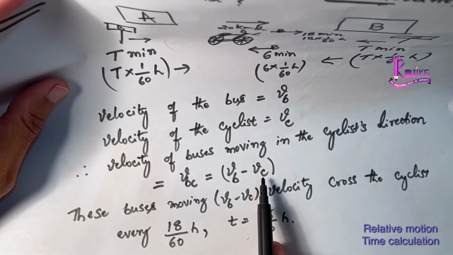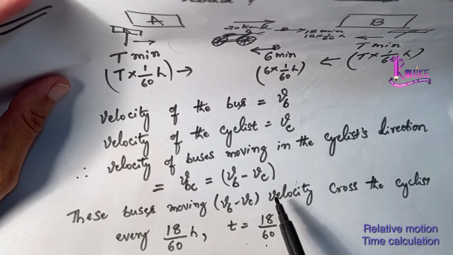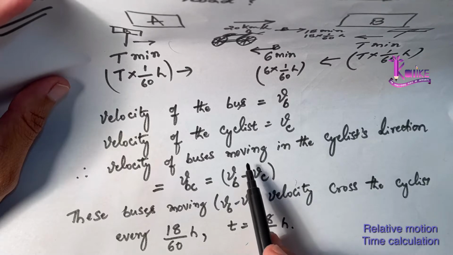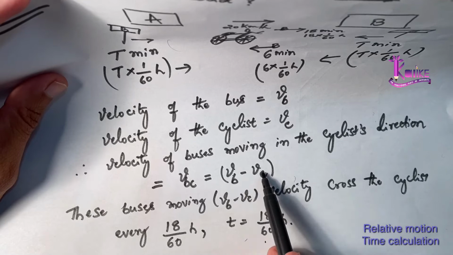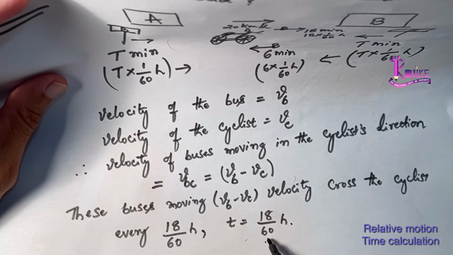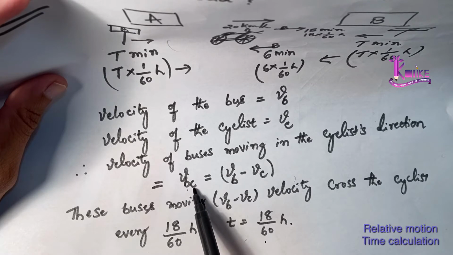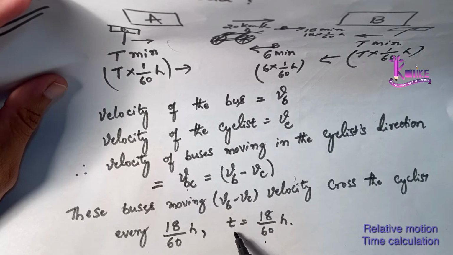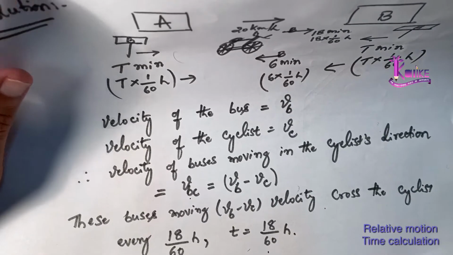The distance traveled by the buses moving in the cyclist direction will be simply VB minus VC into 18/60, that is the velocity of the buses into the time between buses spotted. So it's very simple.